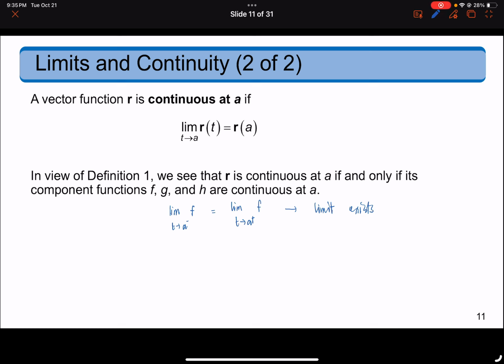Similarly, we must first check whether the limit exists and f of a exists, and the limit of f as t approaches a must be equal to f of a.